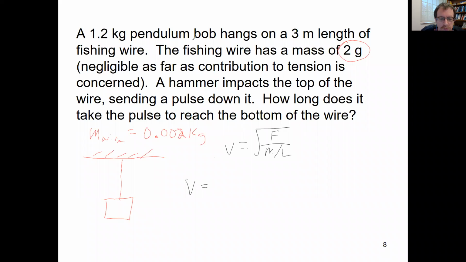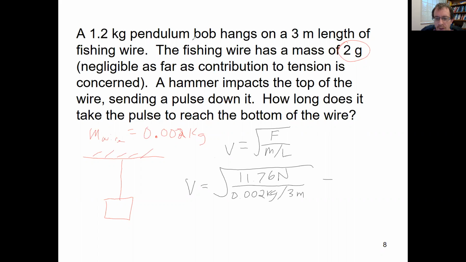So v is equal to the root of my 11.76 newtons divided by the mass of the string, 0.002 kilograms, over the length of the string, that's 3 meters.